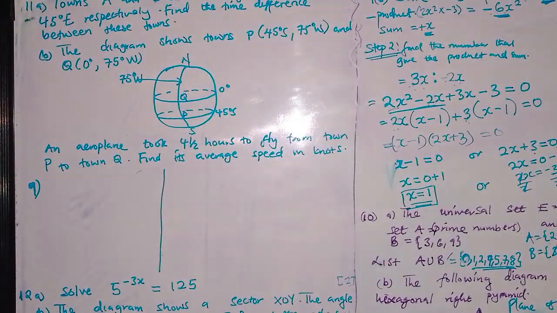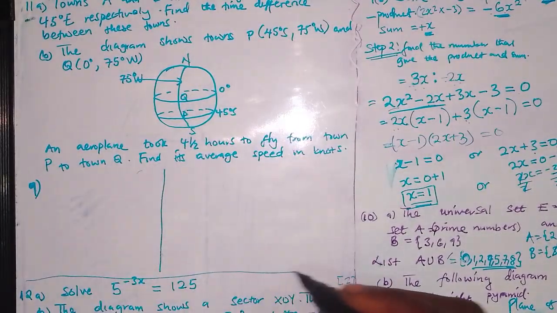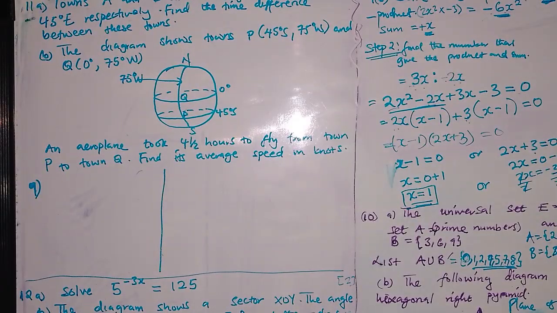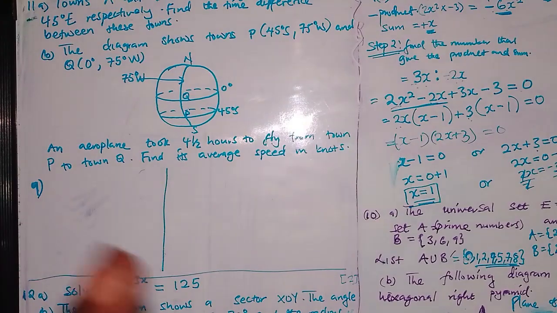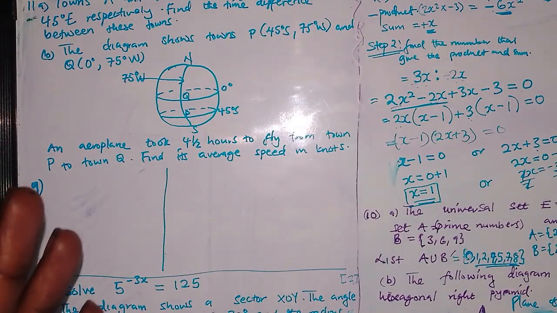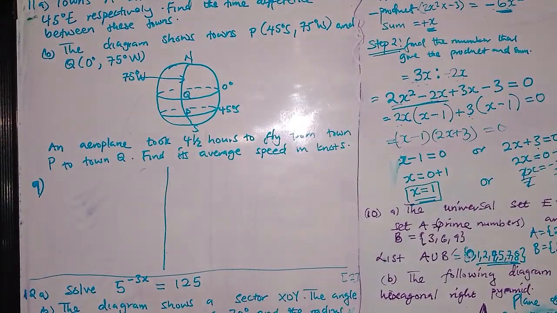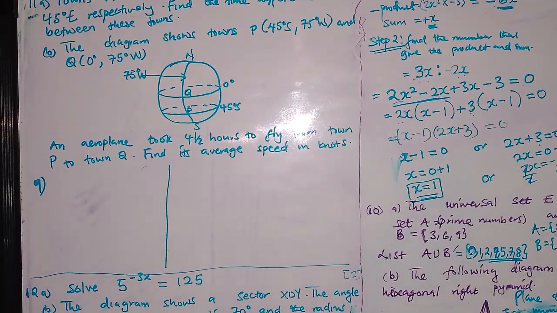So how can you find the time difference? Remember, whenever we are talking about time specifically in paper 1, what you need to know is the longitude. Whatever should come into your mind is longitude. So whenever we have time in paper 1, your main focus should be on longitude.